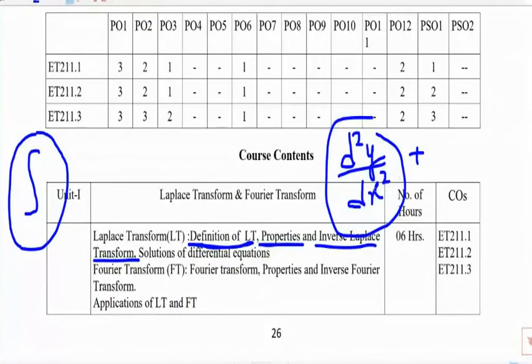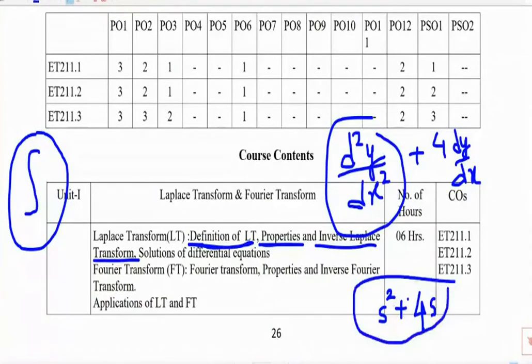Instead of that differential equation, we can have an algebraic equation like s square; d square is replaced by s square, plus, suppose here 4 dy by dx is written, then you can write this as 4s. Now to solve this type of equation is easier, right? To solve an algebraic equation is always easier. So that also we will learn in Laplace transform, how you can determine the solutions of differential equations. I hope you are getting what I am telling you.